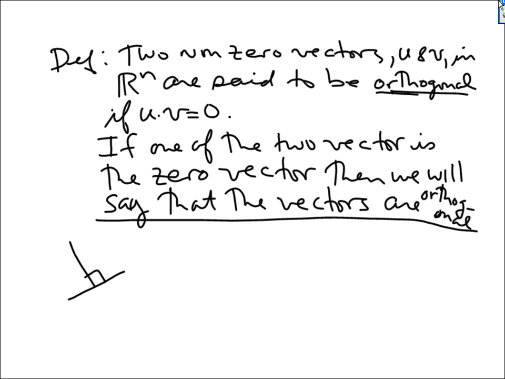90 degrees. So basically, when you have the cosine of theta between u and v, it is possible that u is the zero vector. If u is the zero vector, you have problems because the top will be 0 and the length of u is 0 times the length of v, which will be 0.